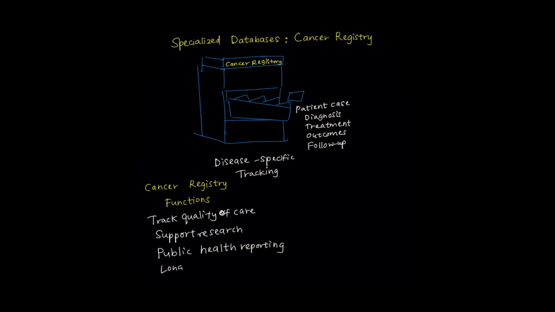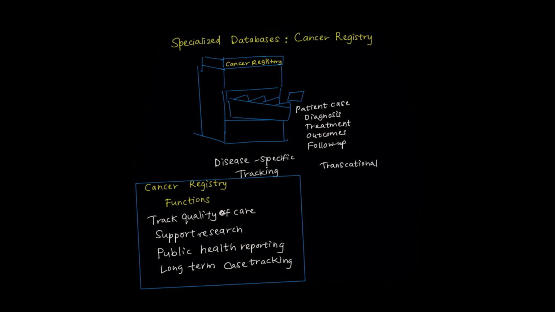This is completely different from transactional databases, which handle real-time operational tasks like processing lab orders with rollback capability, not long-term disease tracking. Data warehouses store massive amounts of data from multiple organizations for strategic analysis and mining, but they're not focused on the detailed case-by-case tracking that registries provide.